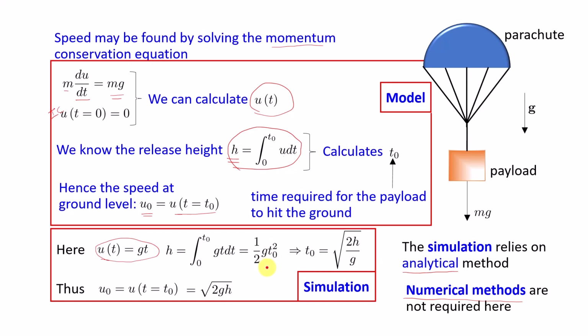This is very simple, and the analytical method is good enough. But is this model really a good model for the problem that we are solving? This is something that we have to discuss, and we'll come to that point subsequently.